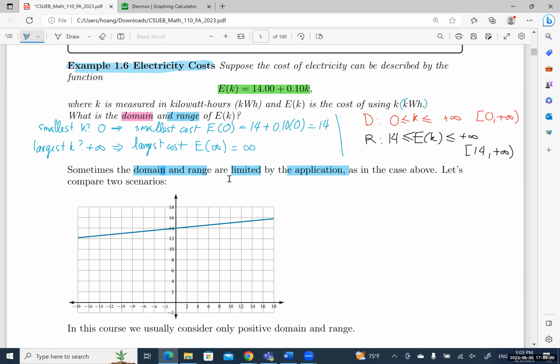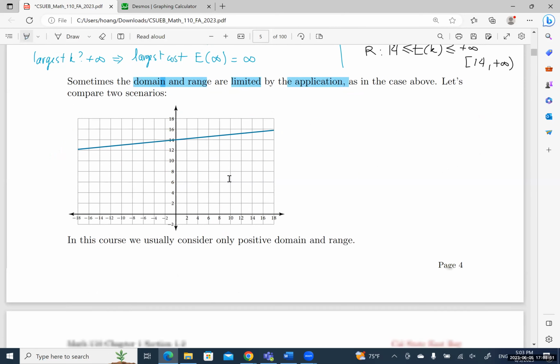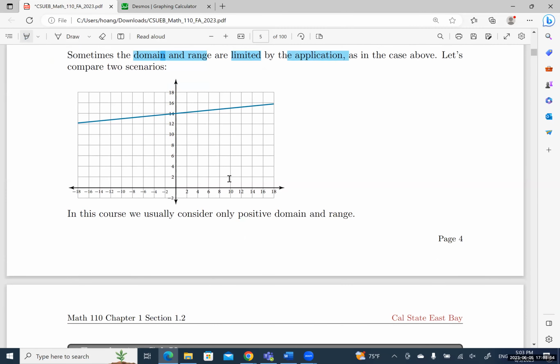So let's move down a little bit here. You can see the way without limit here, the domain is all real numbers. It goes all the way from the left to all the way to the right.